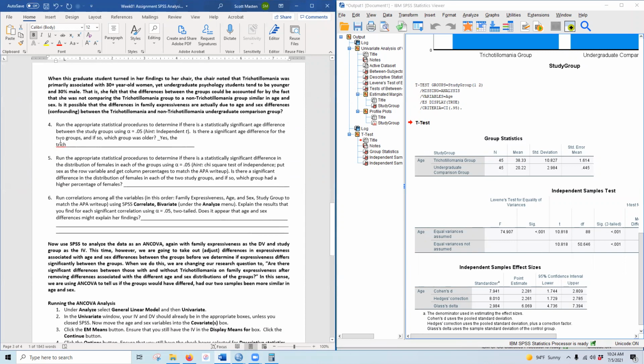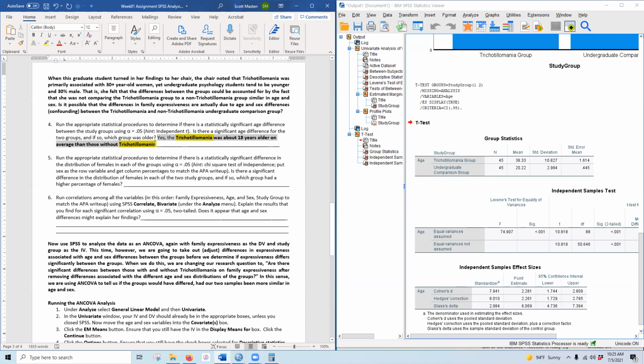So when in doubt, just cut and paste, right? Yes, the trichotillomania group was, I mean, instead of saying twice as old, let's say they're about 18 years older on average, right? About 18 years older on average than those without trichotillomania. Okie dokes, doing good, I think.